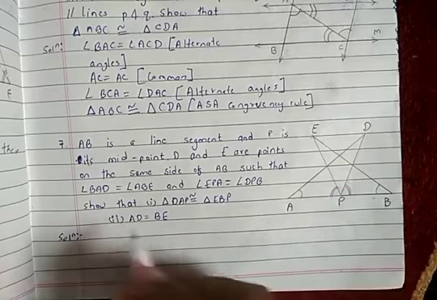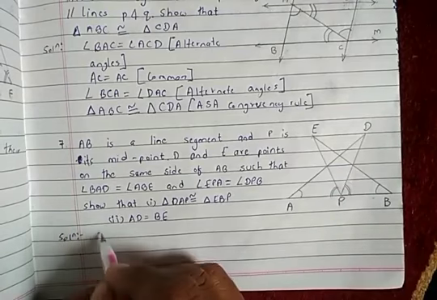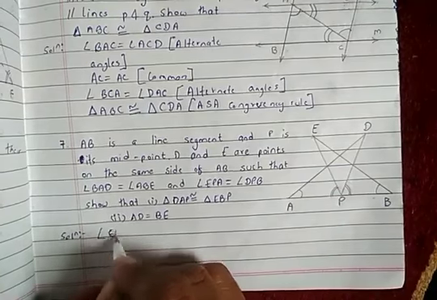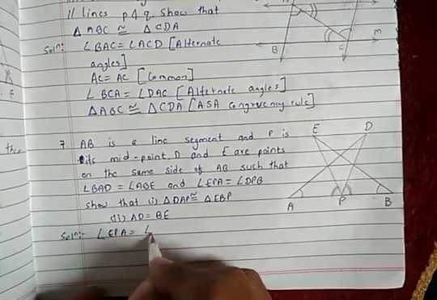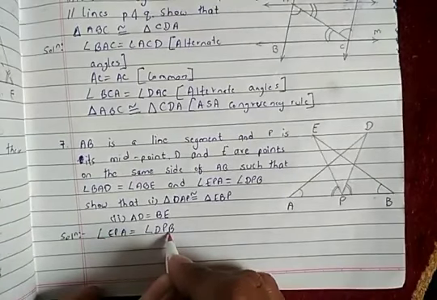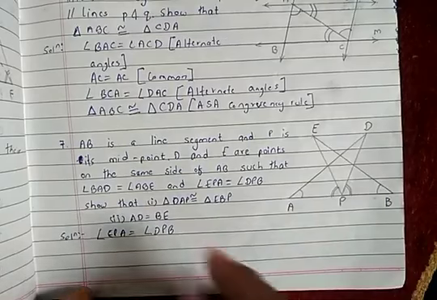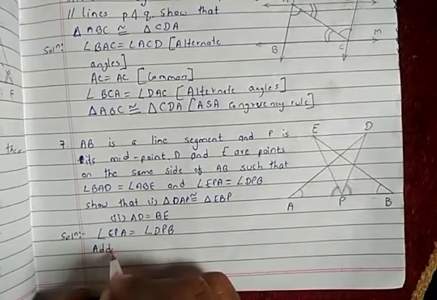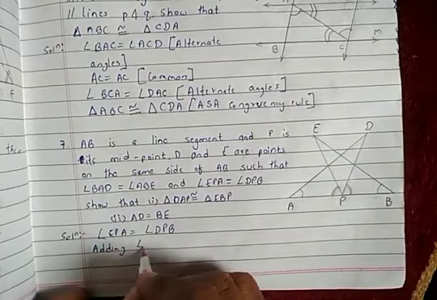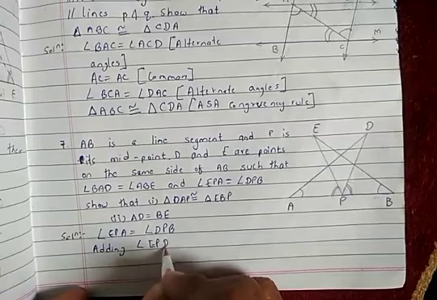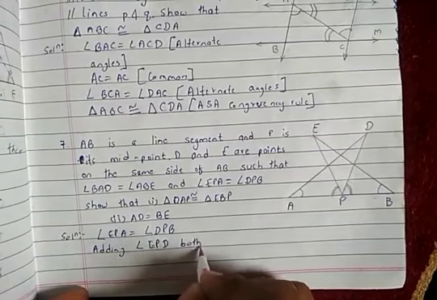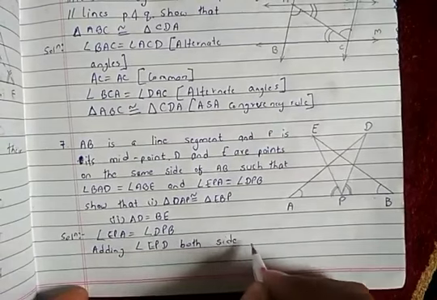What information is given? First we will write that it is given angle EPA is equal to angle DPB, right? Now adding angle EPD on both sides, what we will get?